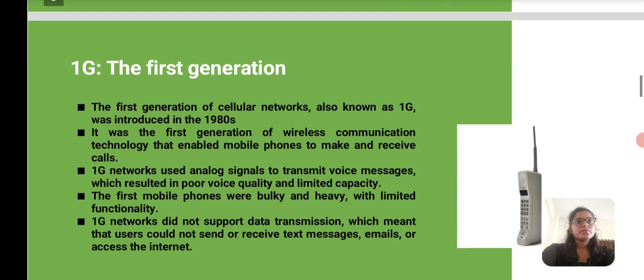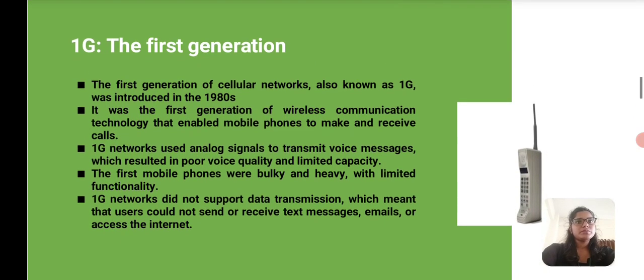1G, the first generation. It was the first generation of wireless communication technology that enabled mobile phones to make and receive calls. 1G networks used analog signals to transmit voice messages, which resulted in poor voice quality and limited capacity.